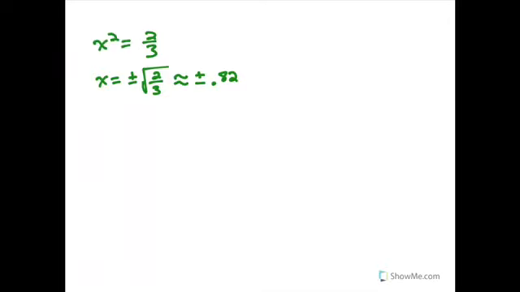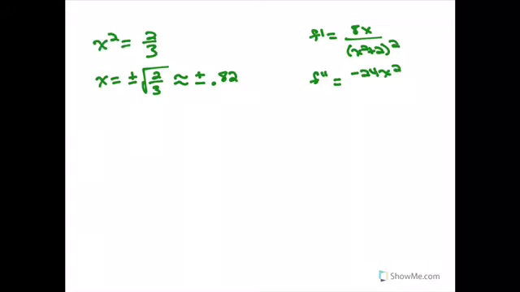Okay, so let's relist some information here. My first derivative is 8x over (x squared plus 2) squared. My second derivative is negative 24x squared plus 16 over (x squared plus 2) cubed.